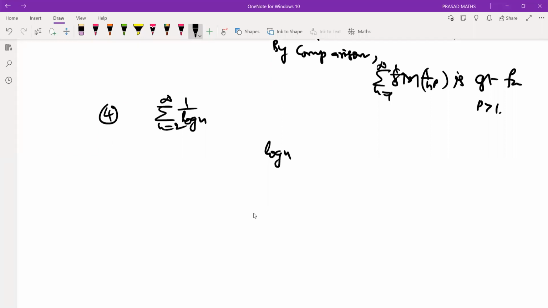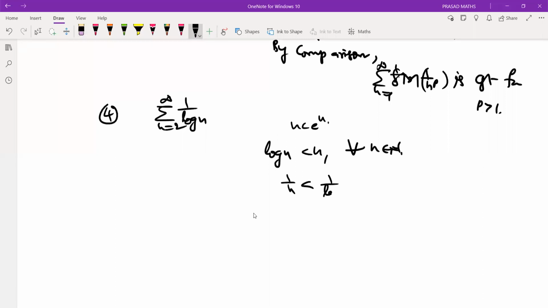Or else you can use the inequality, it's your wish, you can use comparison in whichever way you like. So log n is always less than n, true for every n. Not only this, you can also use other tests, but here it is comparison, so I'm using comparison. Log n is always less than n, yes or no? It is always possible because n is less than e power n, so automatically this is possible for every positive real number n. Therefore 1 by n is less than 1 by log n.